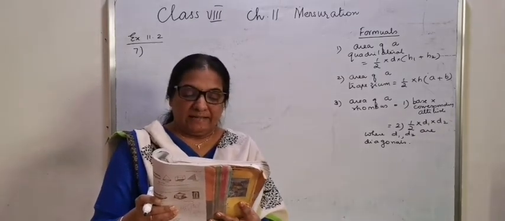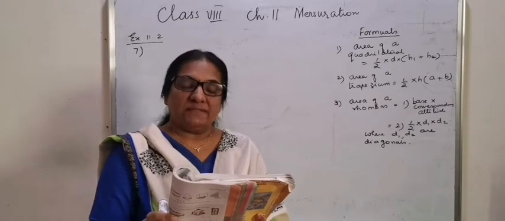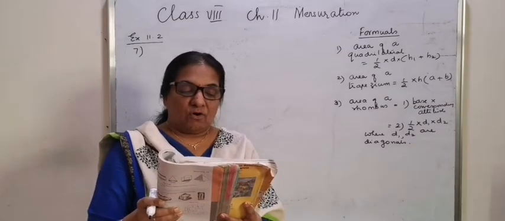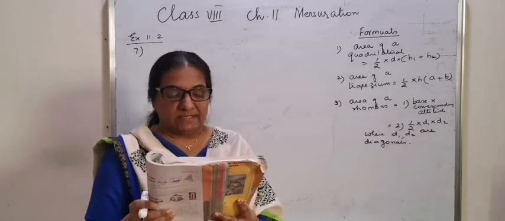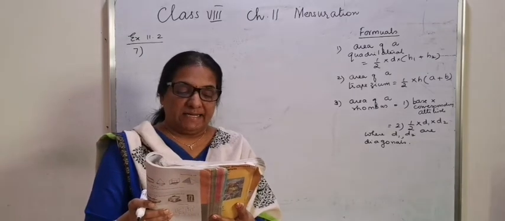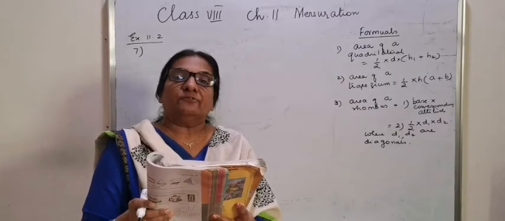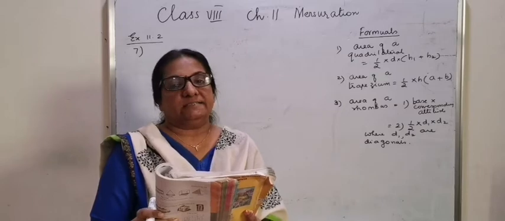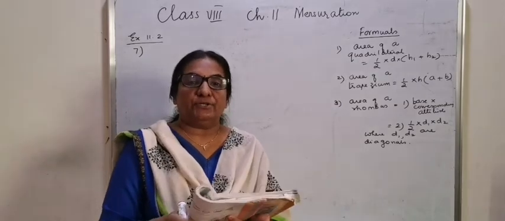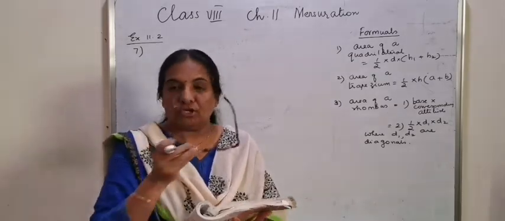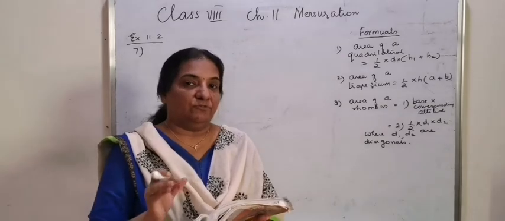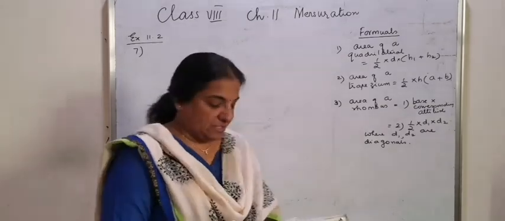Underline the word rhombus, then underline cost per meter square is rupees 4. The diagonal lengths are given in 45 centimeter and 30 centimeter. Let's convert them into meter because, based on the cost unit, we have to convert the individual dimensions.